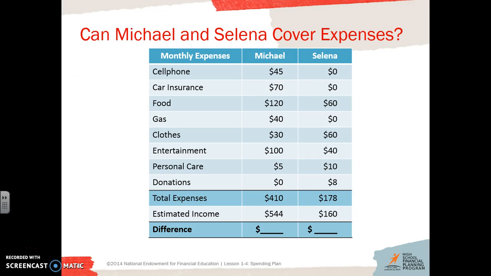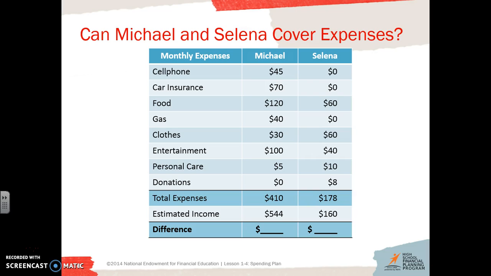What's the difference between how much you're spending and how much you're coming in with? There are two different people here, Michael and Selena. You can see their expenses. Michael has more expenses, but he also has a larger income. If you look, his total expenses are $410, and his estimated income is $544. Selena has less expenses, only $178 worth, and her income is $160.